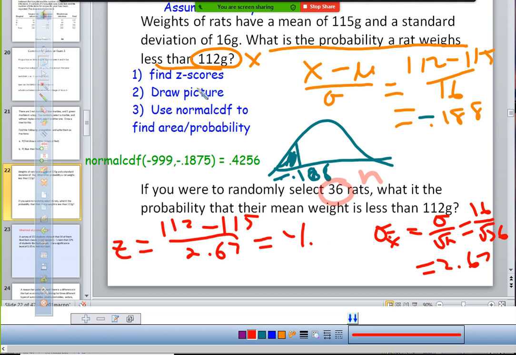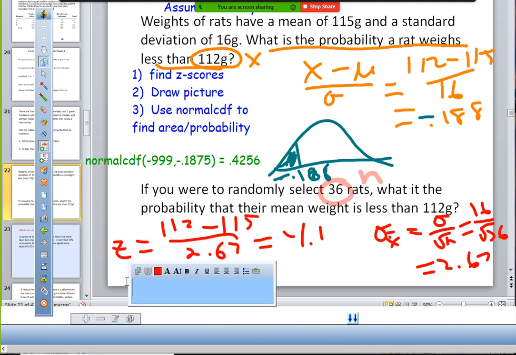And then we'll end up doing normal CDF. Let me know if someone gets an answer. Either way, we're going to go from negative 999 to negative 1.125 or 1.124, doesn't matter, either one.